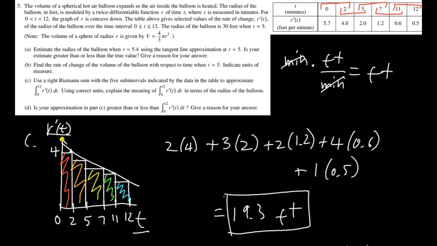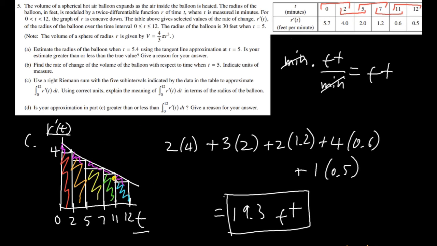And then you can see here, since r prime of t is decreasing, all of the right subintervals, all these rectangles, they're leaving this little extra tidbit of space, right? So the actual value would be more, because when we do our rectangles, we're not accounting for these little pink spaces. So the actual value is more than 19.3 feet, but our subintervals are missing these bits.